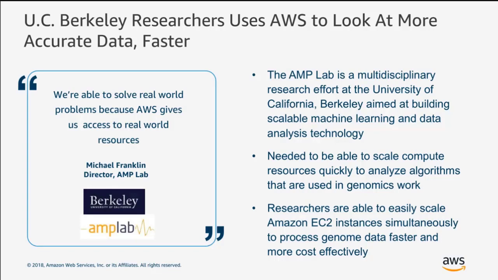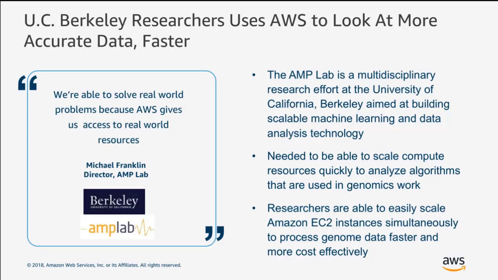And this kind of setup is commonly used. One of the labs that contributes a significant amount of work here is the Berkeley AMP Lab. And it's a multidisciplinary effort from the University of California, Berkeley, that aims to apply a number of different scalable analysis and has a particular focus on machine learning in genomics.